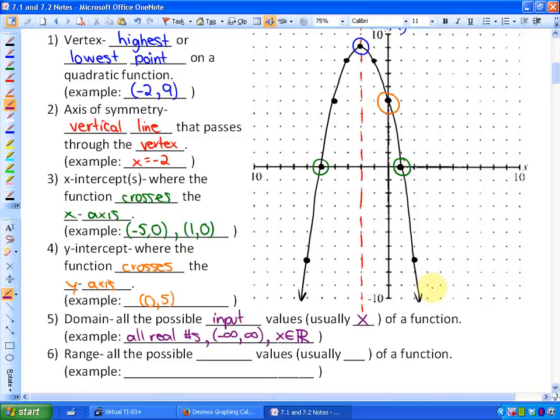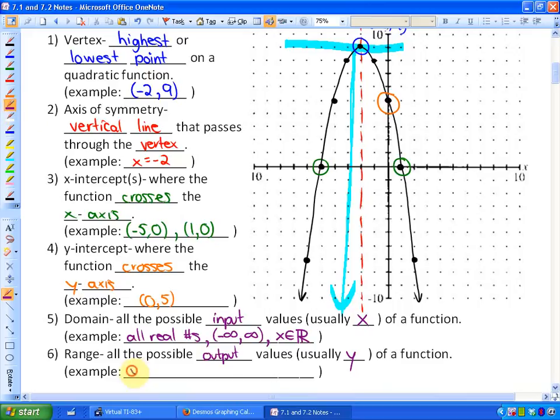Finally, range. Range is all of the possible output values, which is usually y, of a function. For this particular function, what you'll notice is that the highest y value is 9, and it will go down forever from there. So the range would be everything below and including 9.